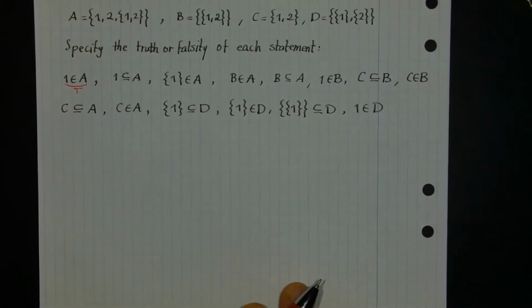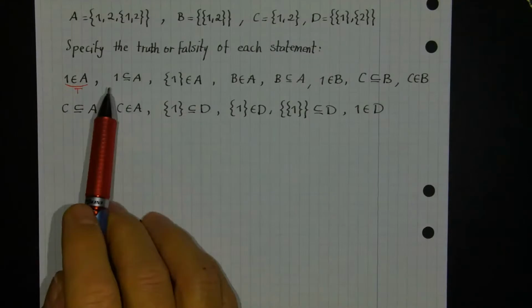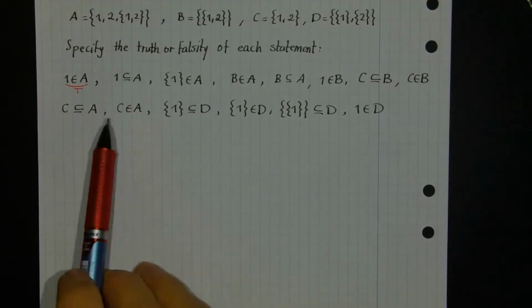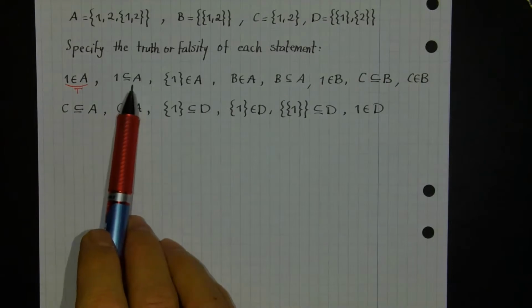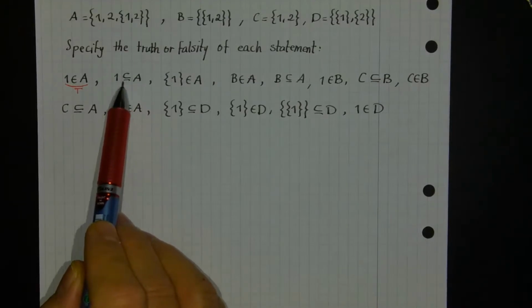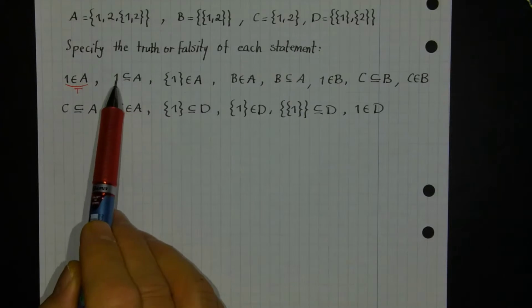So what about the second one? The second one even doesn't make sense at all. So it is not a well-defined statement, because when you use this symbol, you need to compare 2 sets. What is on the left should be a set.